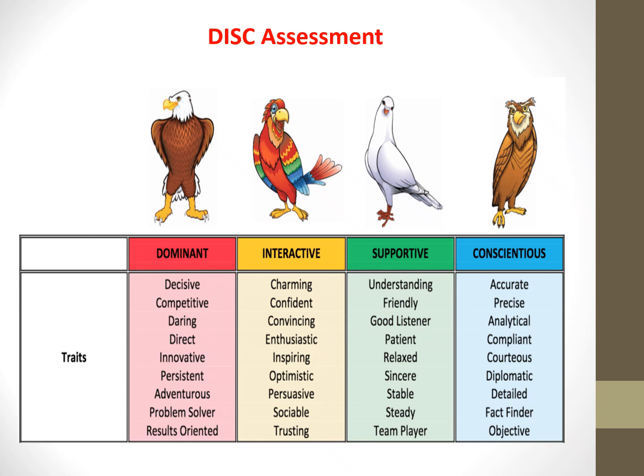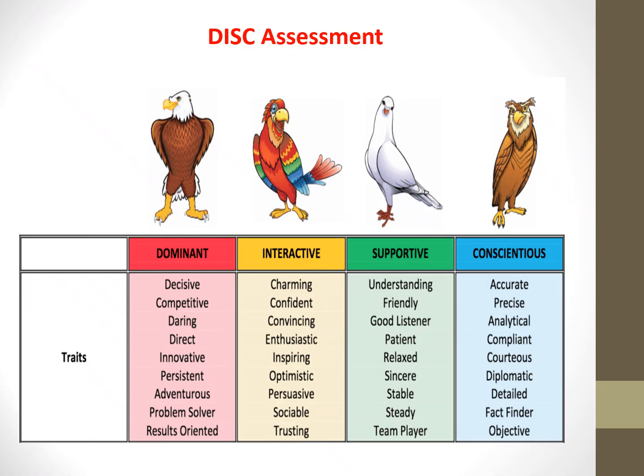The next one is the DISC assessment. The DISC assessment identifies four main personality categories: dominance, influence, steadiness, and conscientiousness. It is frequently utilized in workplace settings because it focuses more on actions.